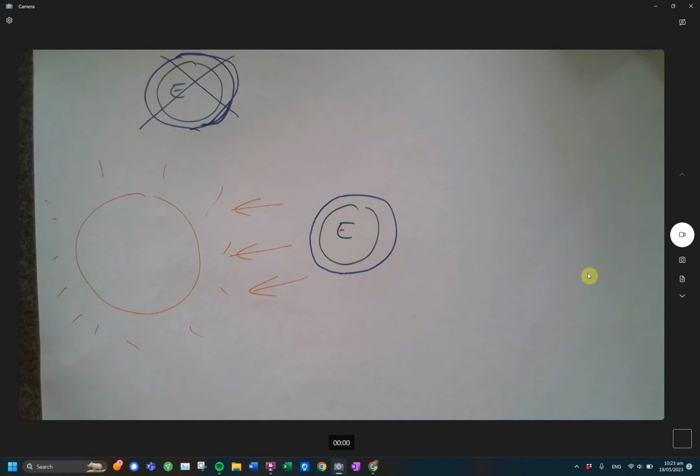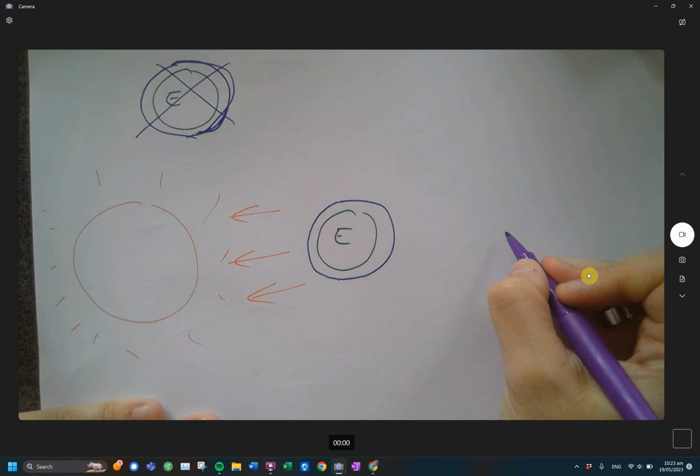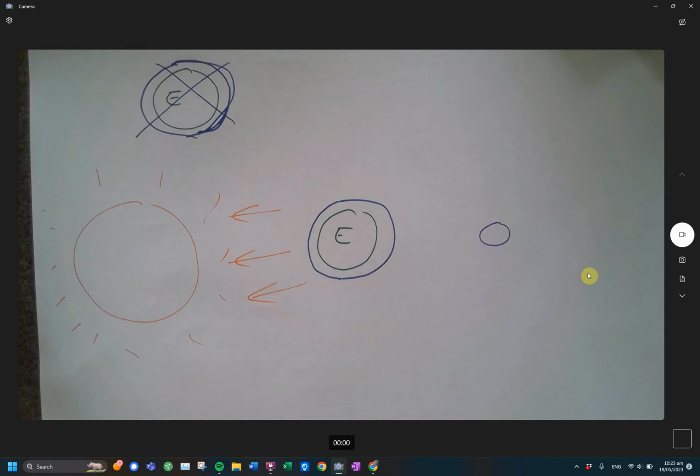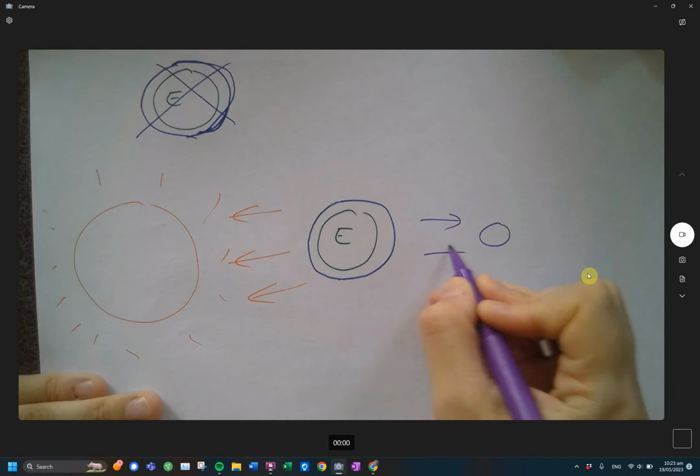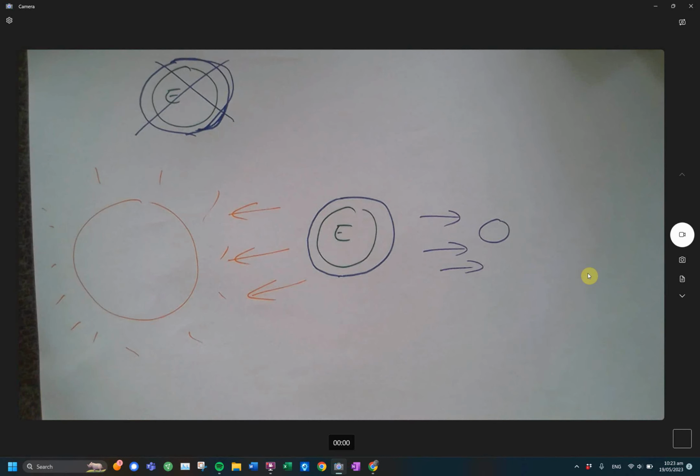The other one is the moon. The moon's smaller, but it's closer. So even though it's not as big as the sun, because it's closer, it's going to pull at a similar kind of gravitational pull. The sun's further away, but it's bigger, so it's still able to pull on the Earth.